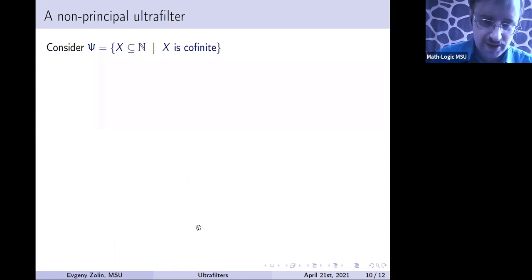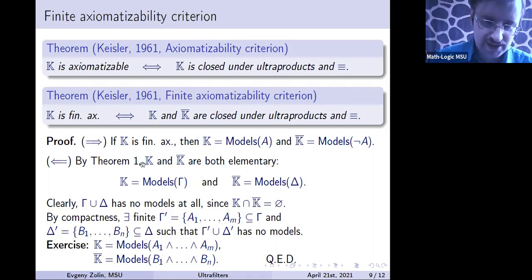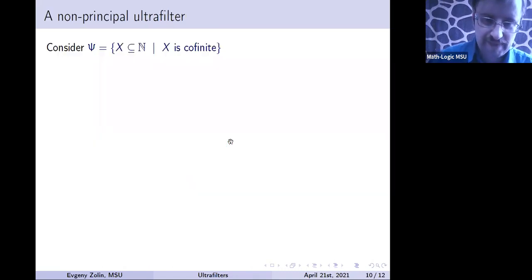Okay. Well, here are the technical details, of course, of these theorems, but the main thing is to know how to use these theorems. So now we will consider some examples. Which classes are compact, which are not, which are axiomatizable, which are not, which are finitely axiomatizable, which are not.